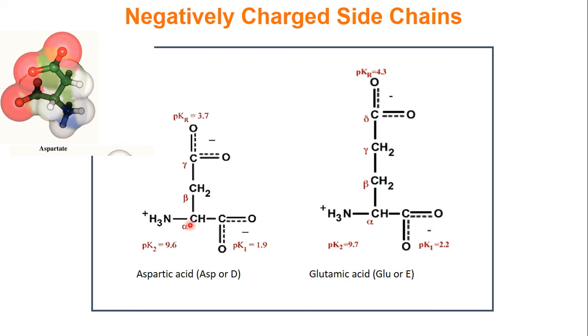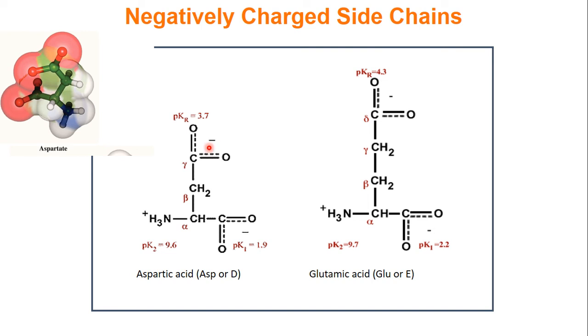The carbon that is connected to the N and C on what's called the backbone, we always call the alpha carbon. And then the carbon groups attached to it as we move up get a letter in the Greek alphabet. So we go to alpha, beta, gamma, and then delta, and epsilon if we had another carbon, so on and so forth.